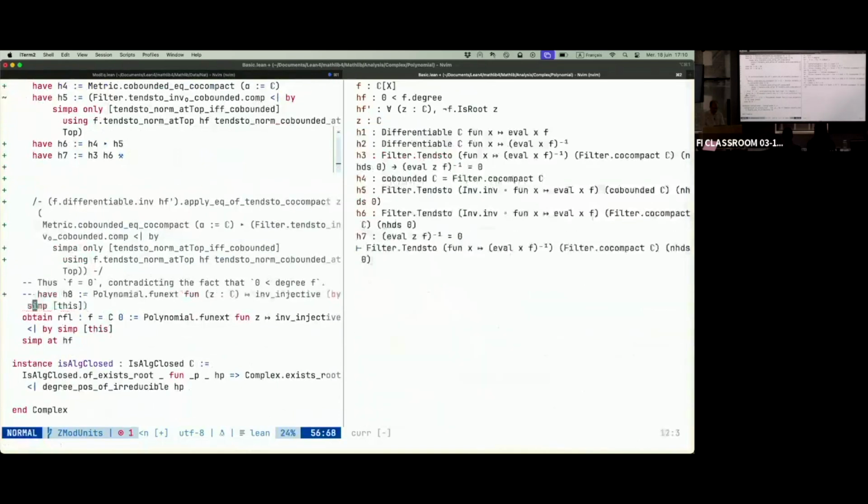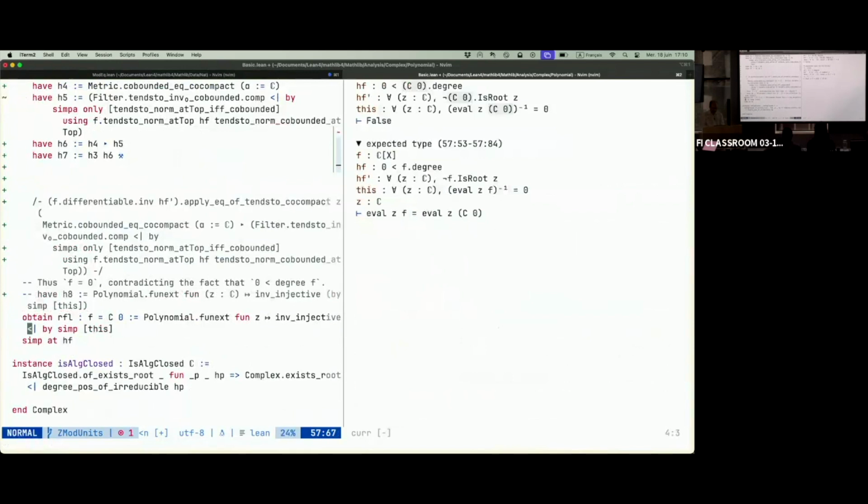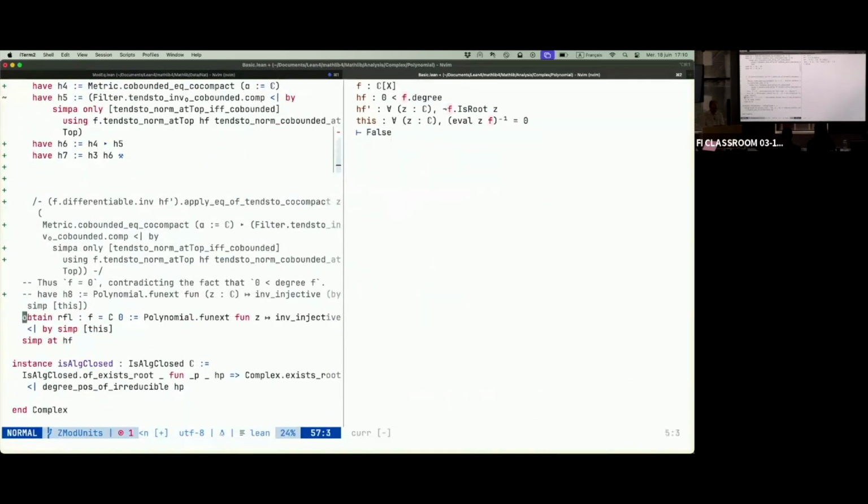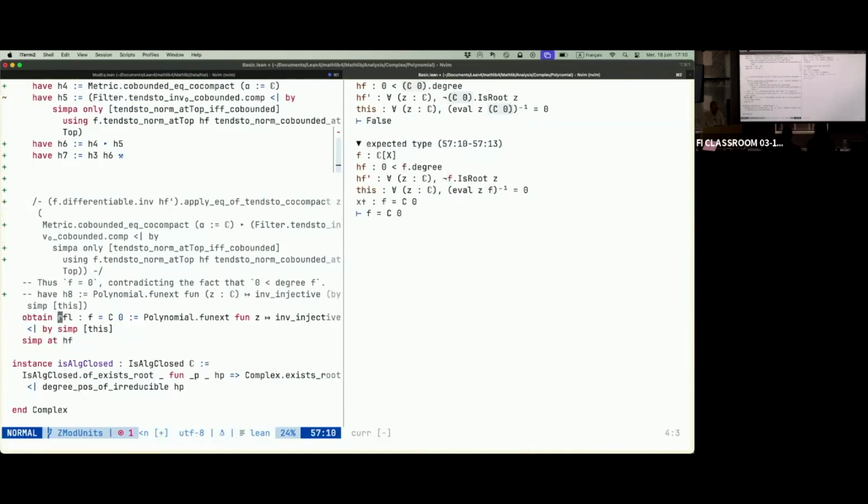So let's quote this. This shows that there are cases where it's very hard to understand what Mathlib is doing. But that's okay. The point is that you see here we don't know exactly what Z is. Of course here it's a complex number.